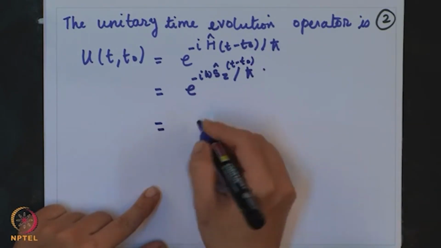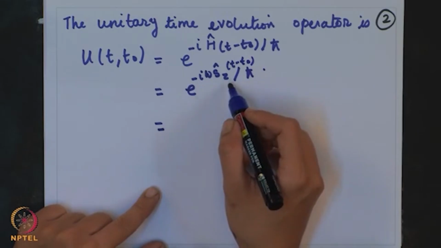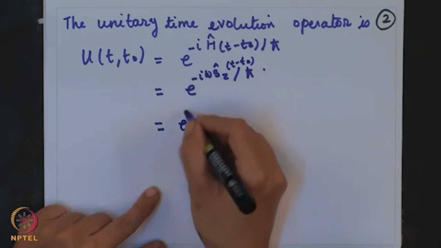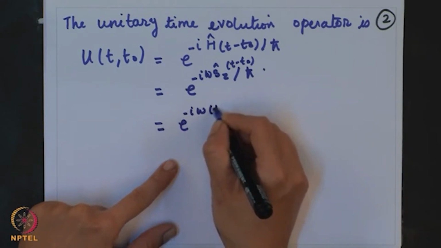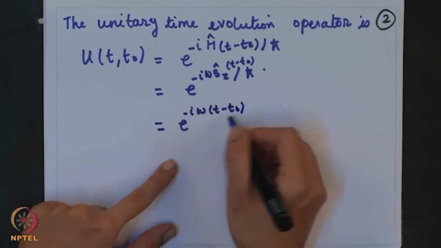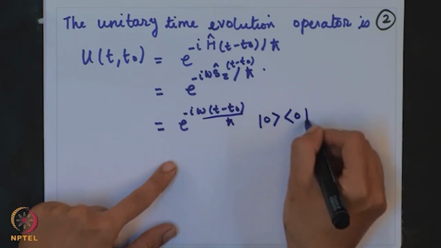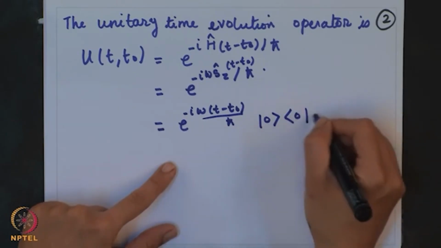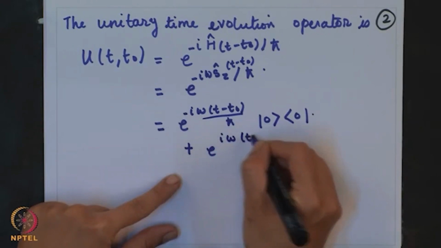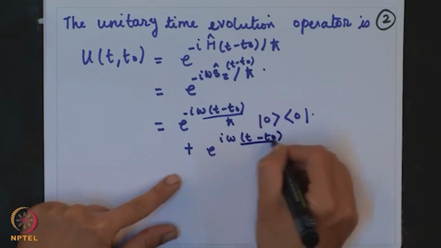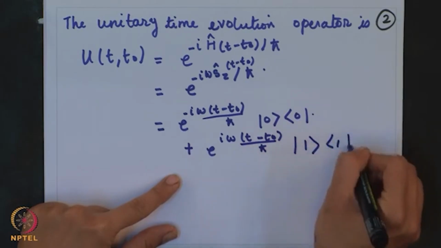In the Dirac notation, we can write this exponent as e raised to minus i omega (t minus t naught) upon h cross ket 0 bra 0, plus e raised to i omega (t minus t naught) upon h cross ket 1 bra 1.